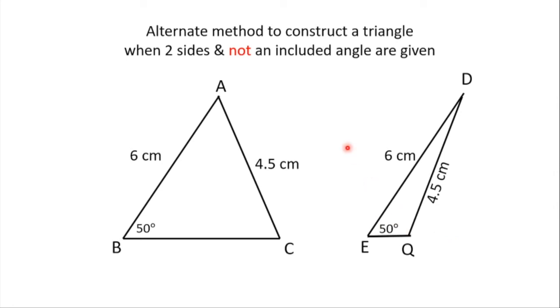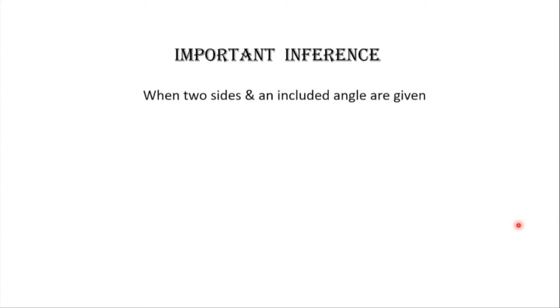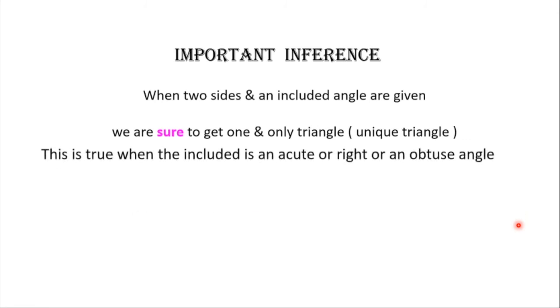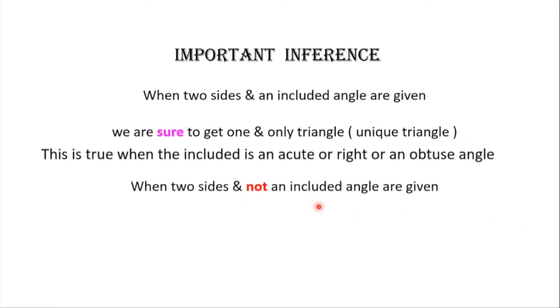In other words, if the angle is not an included angle, then we can get two different triangles for the same measurements. So what is the important inference? When two sides and an included angle are given, we are sure to get one and only one triangle. This is true when the included angle is an acute angle or a right angle or an obtuse angle, which we have seen in the previous session.